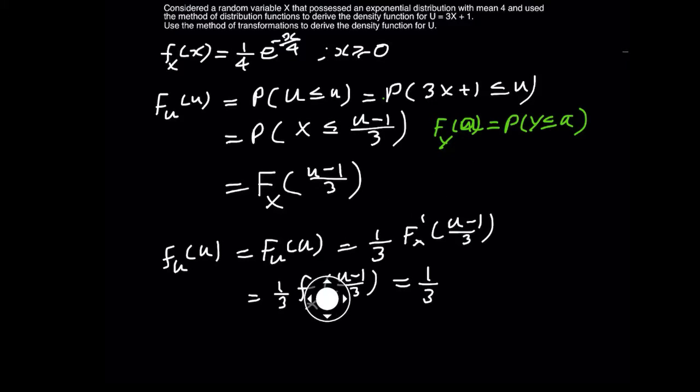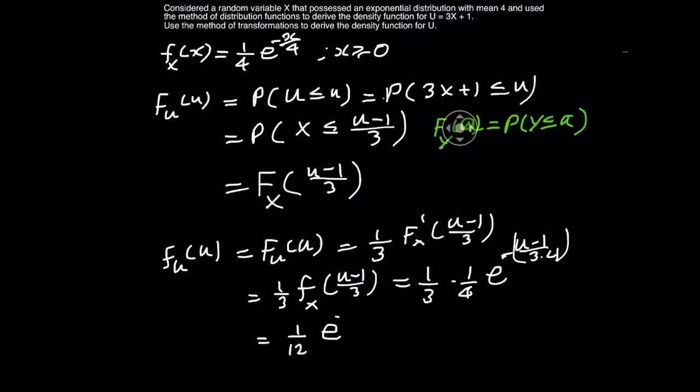We know simple f_X here is 1/4 e to the power negative x over 4. So now I can use that: 1 over 4 e to the negative, and instead of x here we have (u minus 1) over 3, therefore (u minus 1) over 3 divided by 4. Then we can simplify: 1 over 12 e to the power negative (u minus 1) divided by 12.